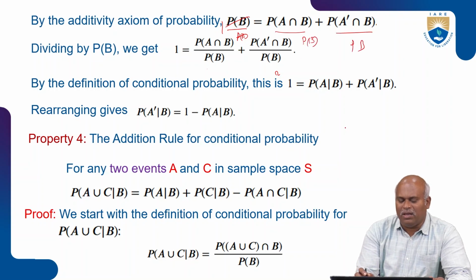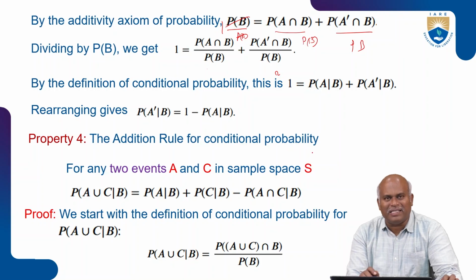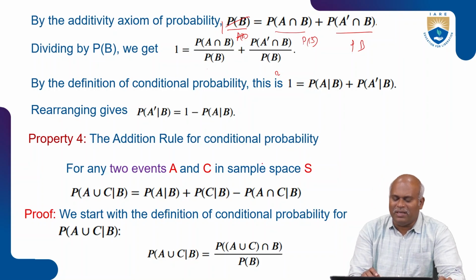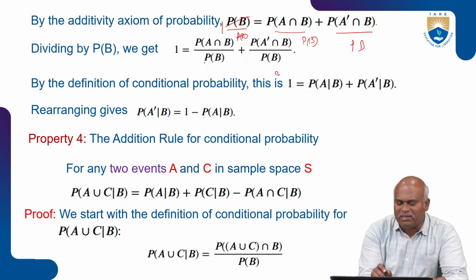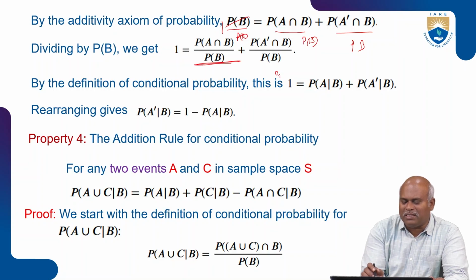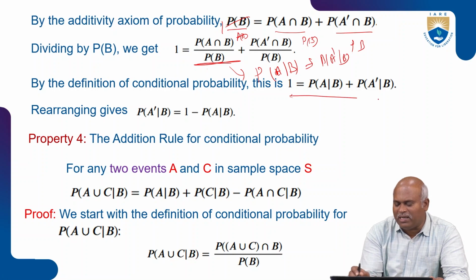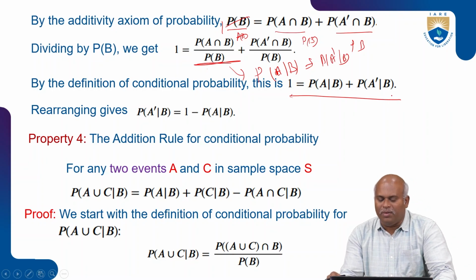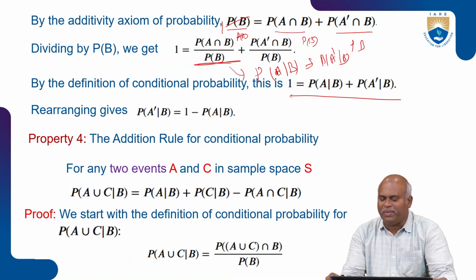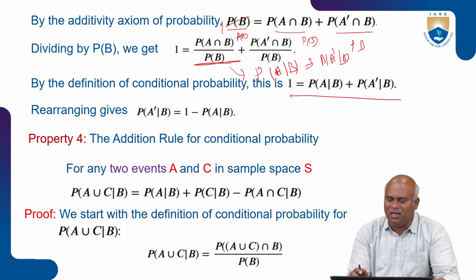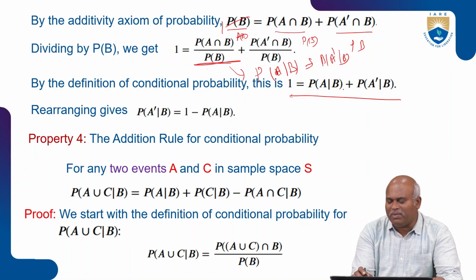By the definition of conditional probability, 1 is equal to this equation. This term is the conditional probability P of A given B, and this one we write as P of A dash given B. So 1 is equal to P of A given B plus P of A dash given B. Now take P of A given B to the left side.